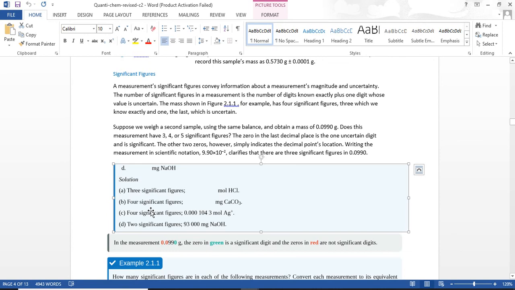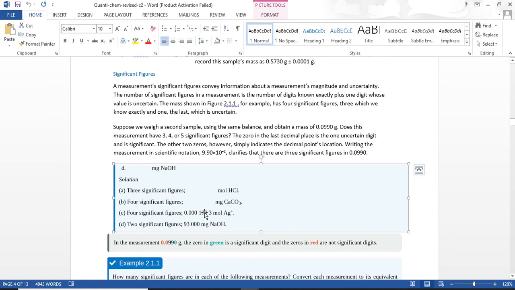Then the zeros between the 1 and the 4 are considered significant, because they are sandwiched between non-zero digits.